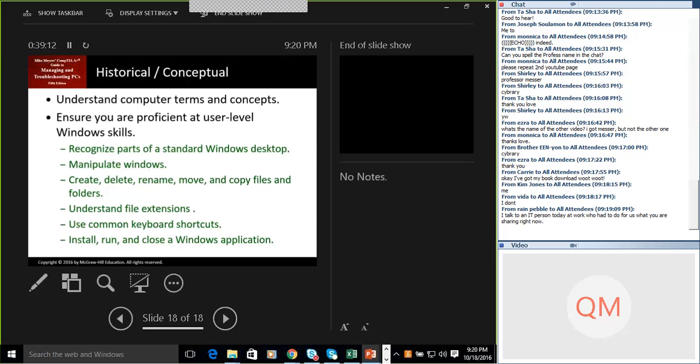So you have to have an understanding on the conceptual level of the user level Windows skills. And then, of course, you get the tech level, which is what you're training to be, with different other aspects of using Windows. But these are the basic user level Windows skills.